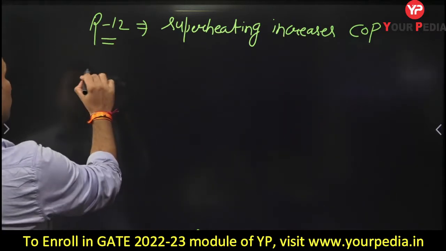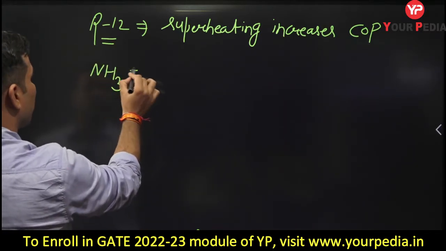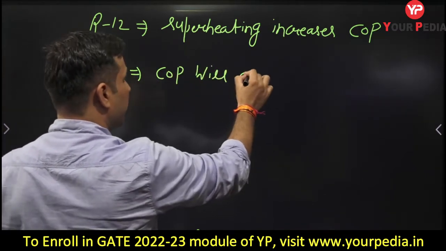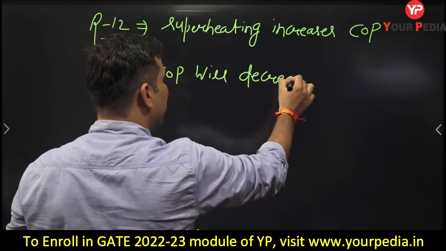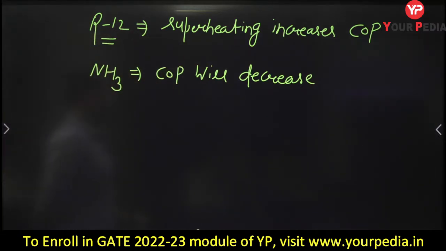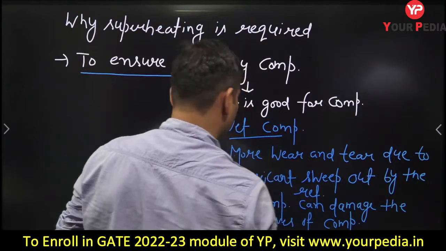Okay, but suppose if you talk about ammonia, COP will decrease. So you cannot say that carrying out superheating, the COP will increase or decrease. Okay.